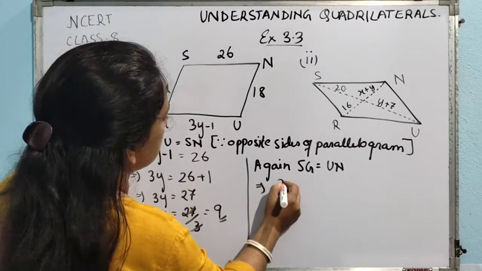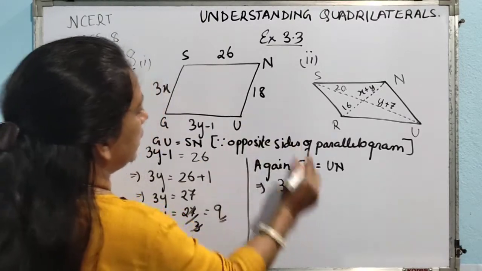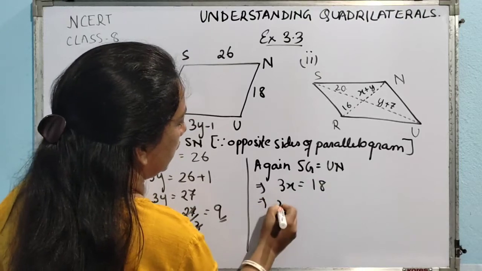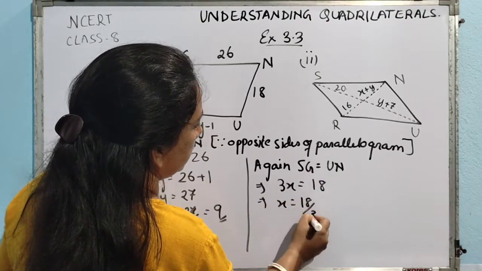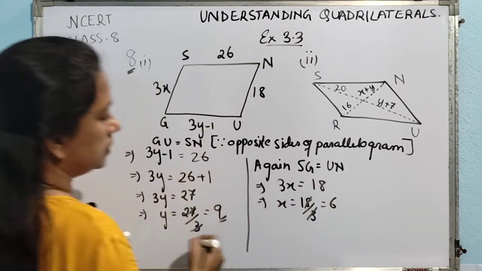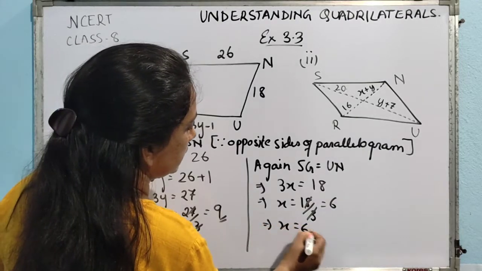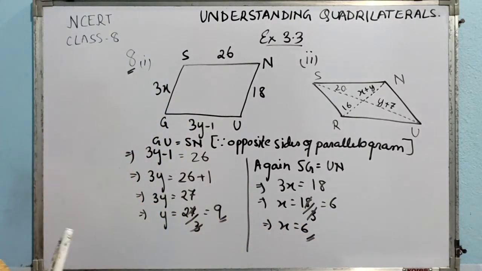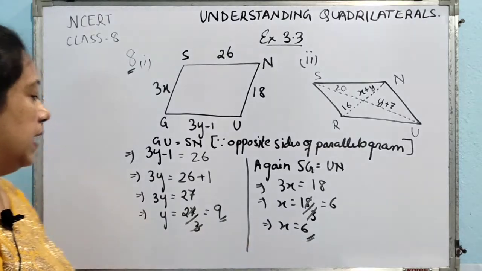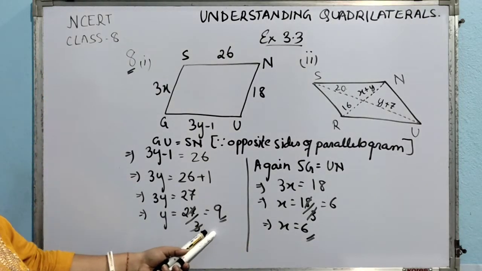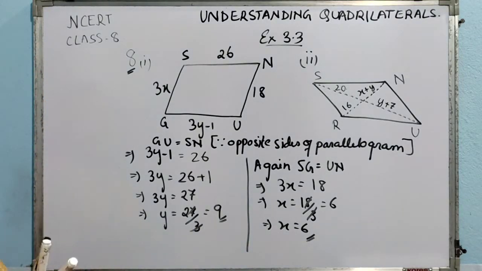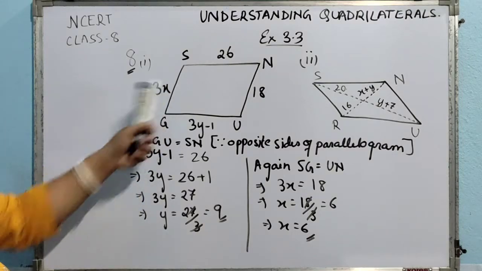So SG is 3x and UN is 18. So x is equal to 18 by 3, that is equal to 6. So we got the value of x as 6. So the value of x is equal to 6 and the value of y is equal to 9. Like this we have completed this question.